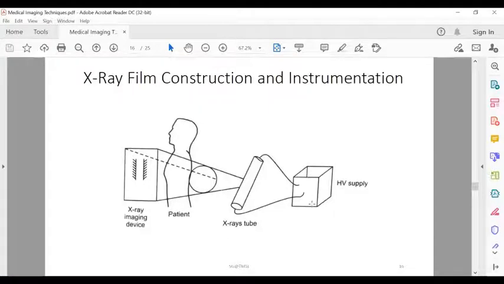Now, X-ray film construction and instrumentation: how it interacts with our body, how the film is constructed, and the instrumentation system. It is just like one given block diagram, a pictorial representation of film construction. Bones, metallic parts, and air-filled cavities have different densities from the surrounding tissue.